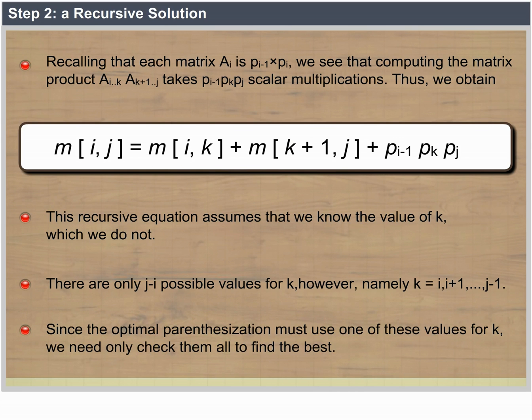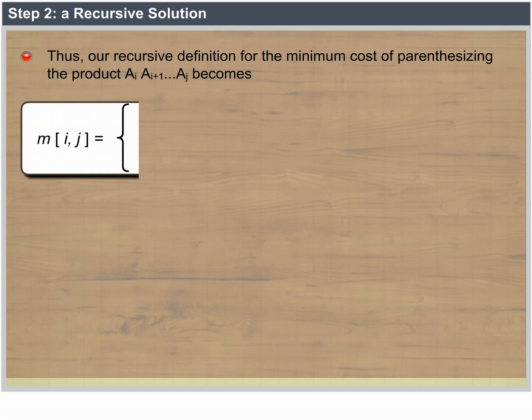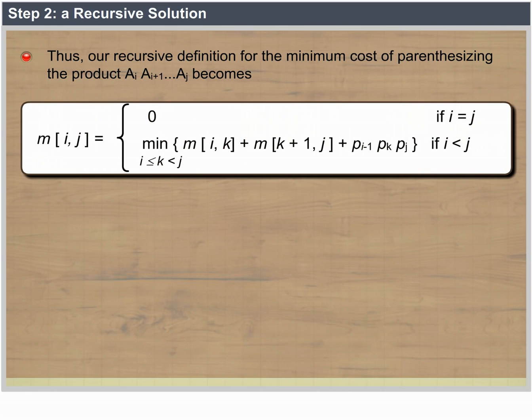Thus, our recursive definition for the minimum cost of parenthesizing the product A_i up to A_j becomes m[i,j] equals 0 if i equals j, and the minimum over i ≤ k < j of m[i,k] plus m[k+1,j] plus p_{i-1} p_k p_j if i < j.